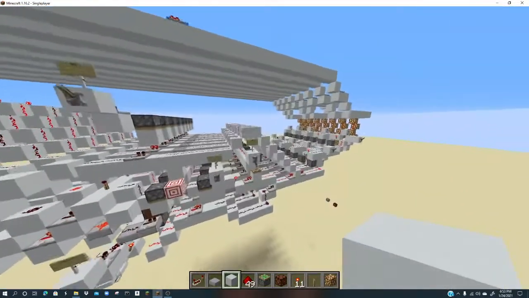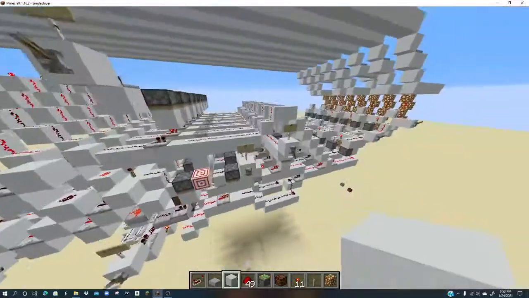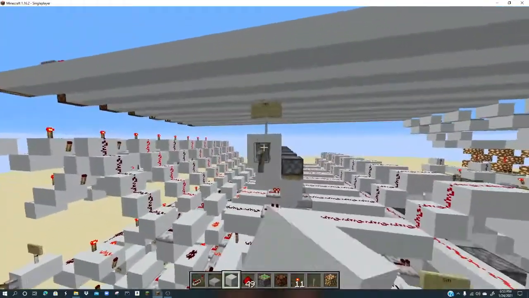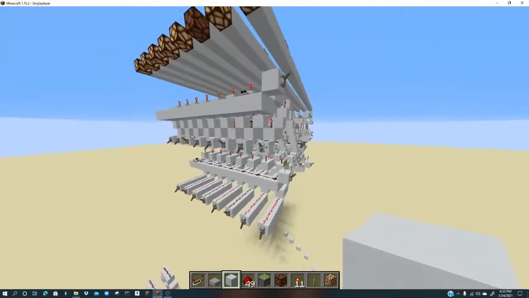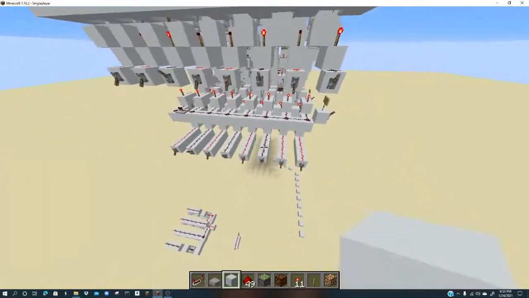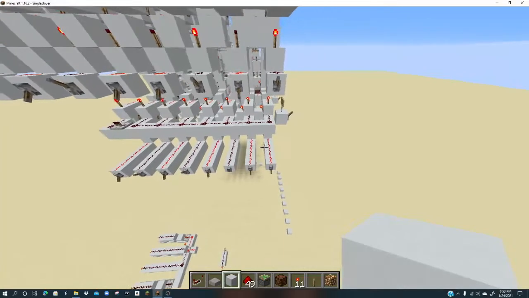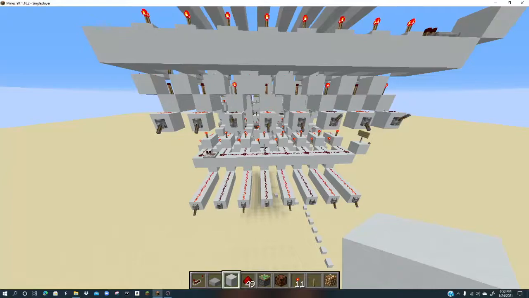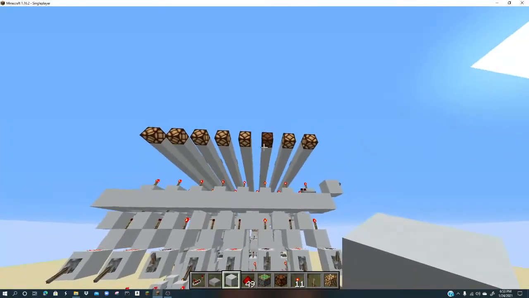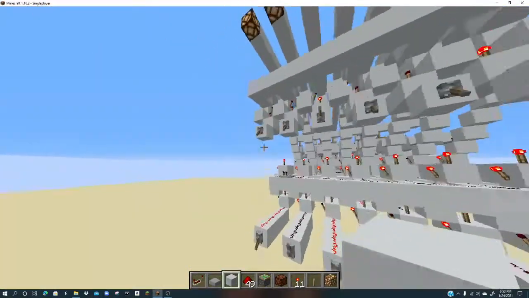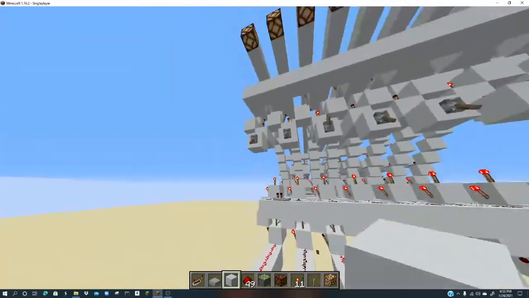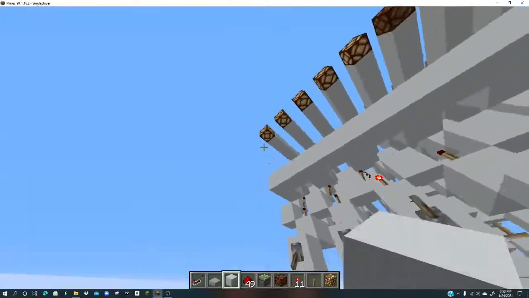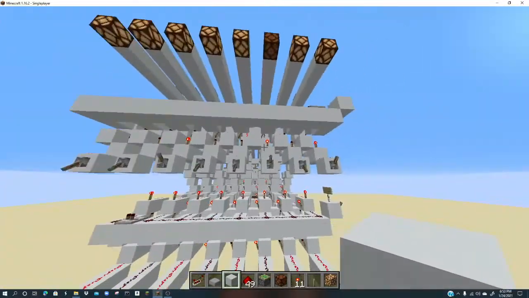Alright, so let's take a look at the next function. You need the XOR and the AND function both on at the same time for this. So this is the OR function. What this does is it takes a look at both inputs, and if any of the inputs are on, it will output it. Like these two bits are on, so it's on.